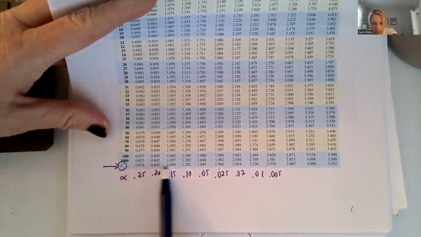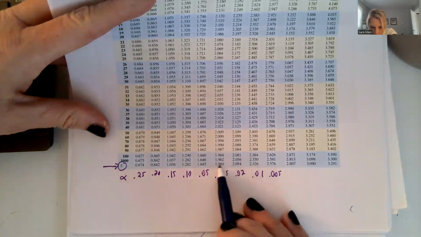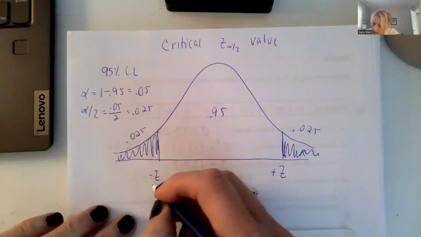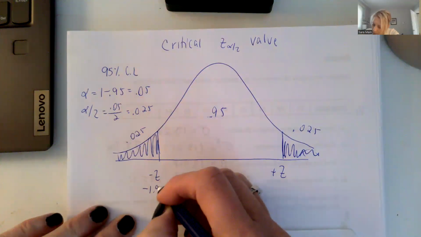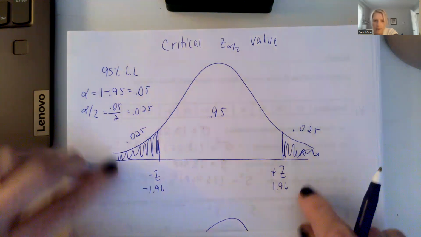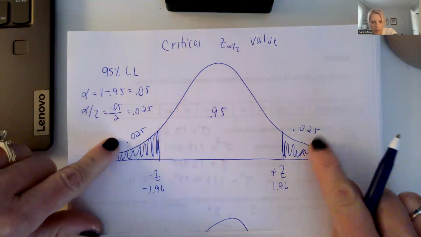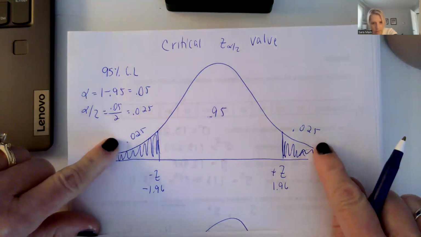It's always following these values. And so 0.025 goes with this right here, 1.96. So z equals a negative 1.96 is symmetric with positive 1.96. And they both associate with 2.5% to the left and 2.5% to the right.